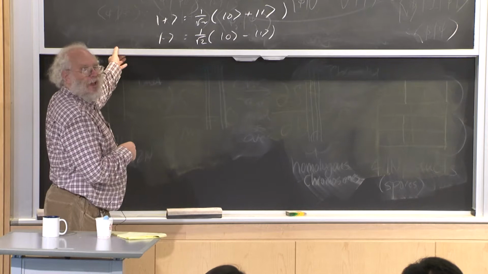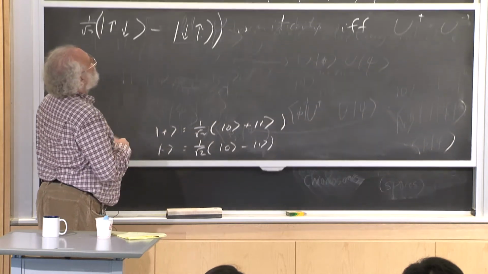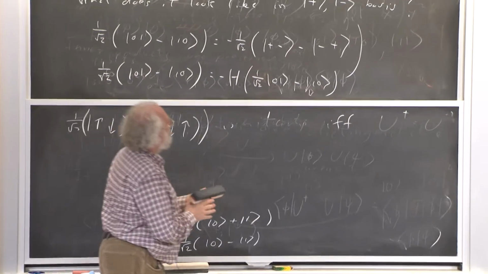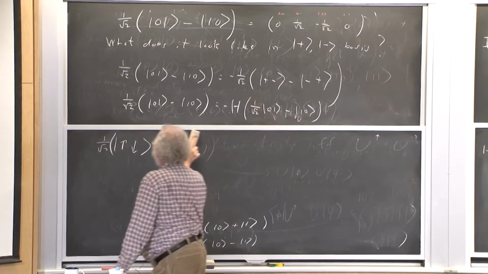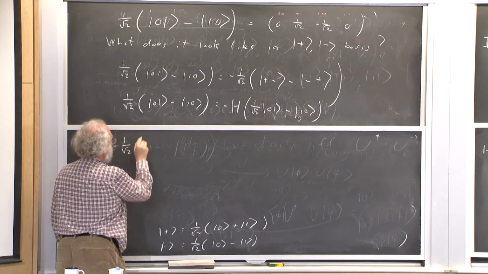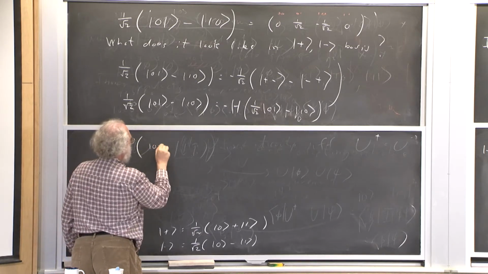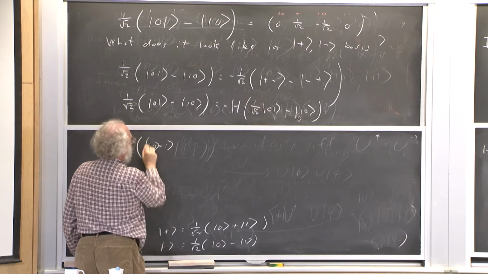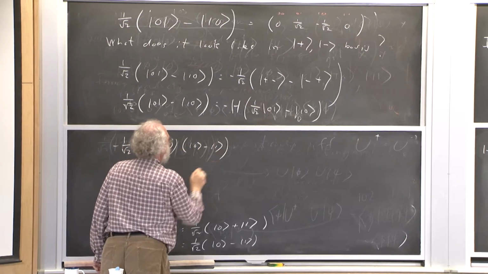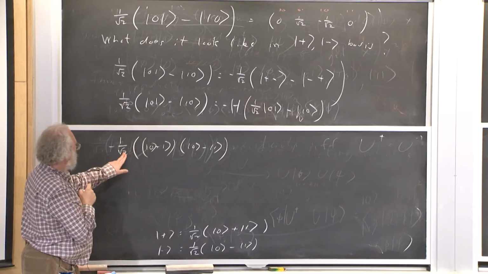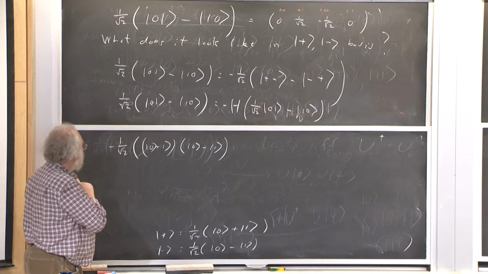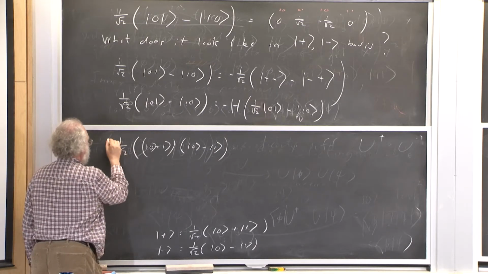Maybe I should write this out. Yeah, maybe I should just expand this to show you that it's really true. Minus 1 over root 2 (plus was 0 plus 1, and minus was 0 minus 1), and we have another 1 over root 2.